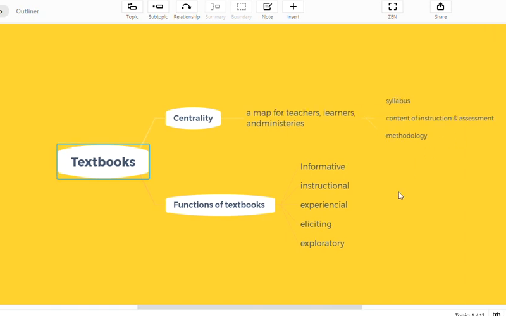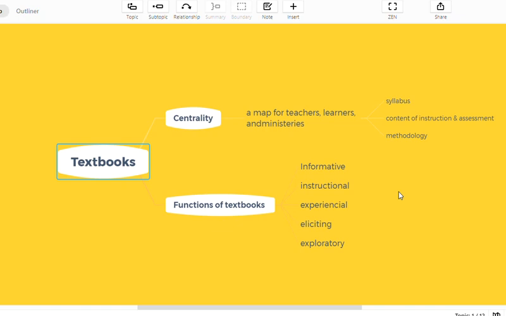Textbooks are central. Actually, as a teacher, an experienced teacher, a learner, and a material evaluator, I myself believe that sometimes teachers may avoid using textbooks, or other forms of materials are better to be used.